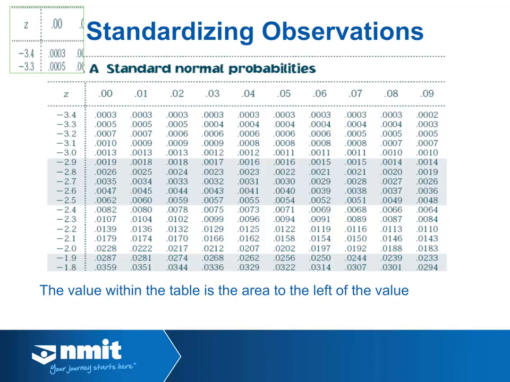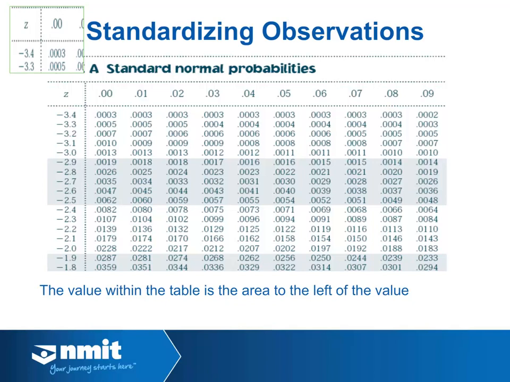This can be converted to a percentage, so 0.03% of values will be found to the left of this number. And also, the probability of getting a number less than this z-score would be 0.03%. So it gives us the probability of having something less than that z-score as well.